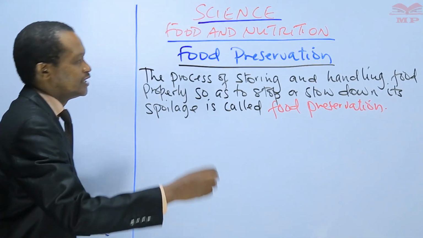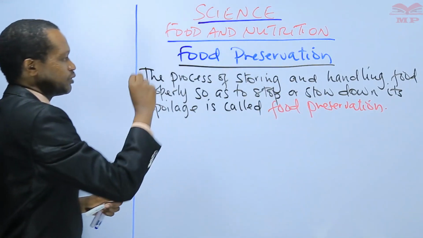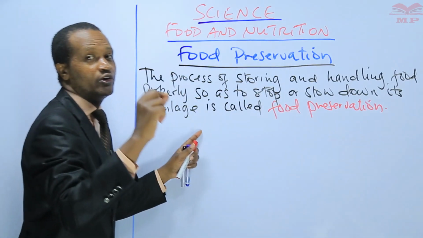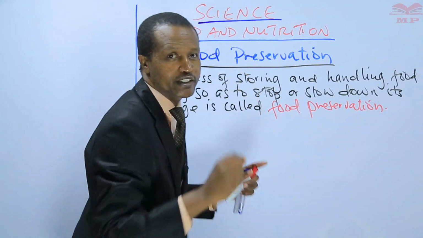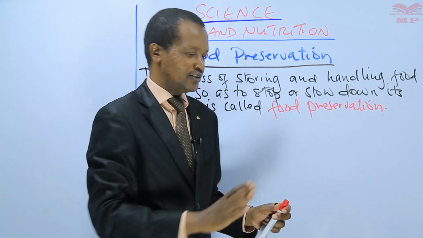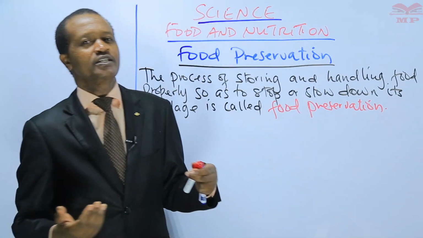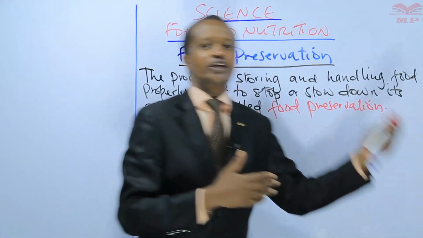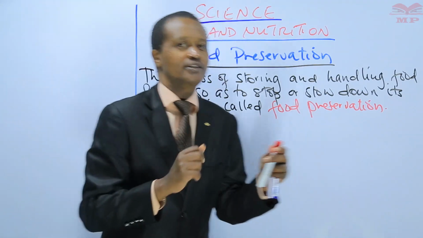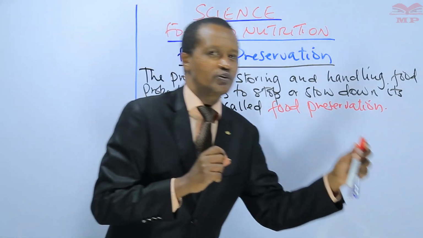Or you can say, the process of storing and handling food properly so as to stop or slow down its spoilage is called food preservation. That's the meaning, learners. Or you can just say food preservation means preventing food from going bad. It is the process of preventing food from going bad.